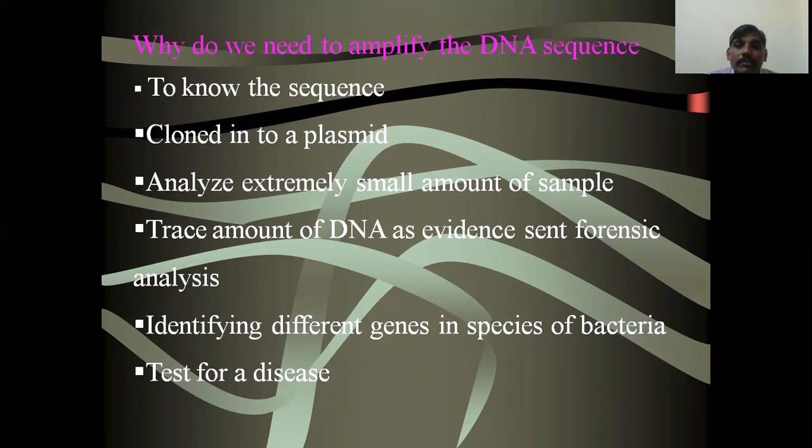Not only that, forensic persons collect DNA samples from various sources like blood cells, skin, hair, or any other sources. They collect the DNA or RNA material in very low quantity. With this low quantity of DNA, they are unable to carry out proper research or investigation.